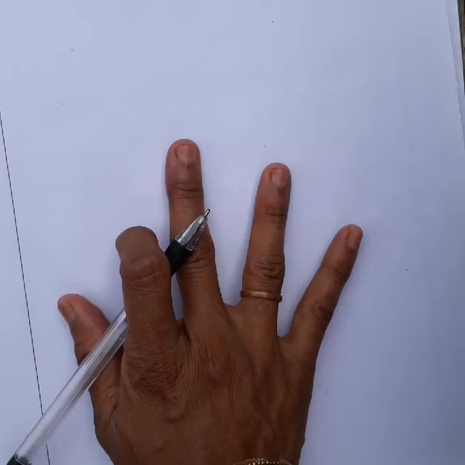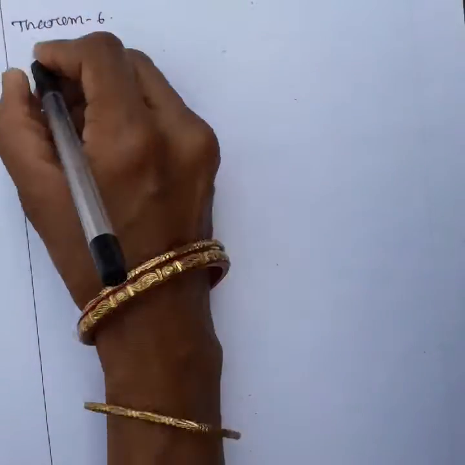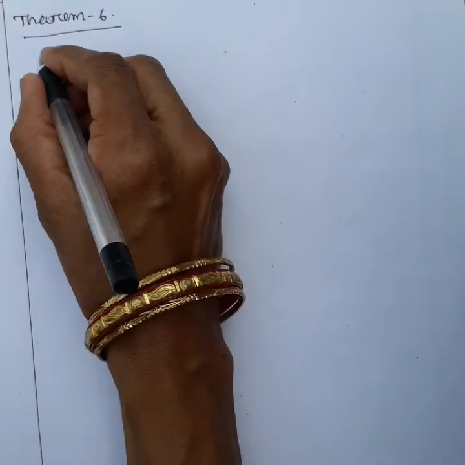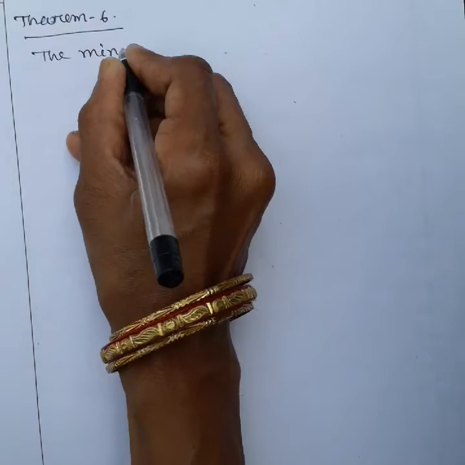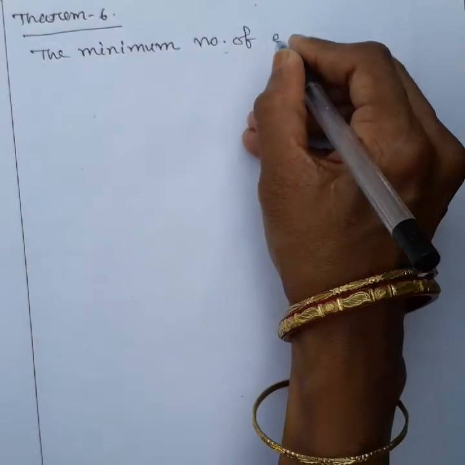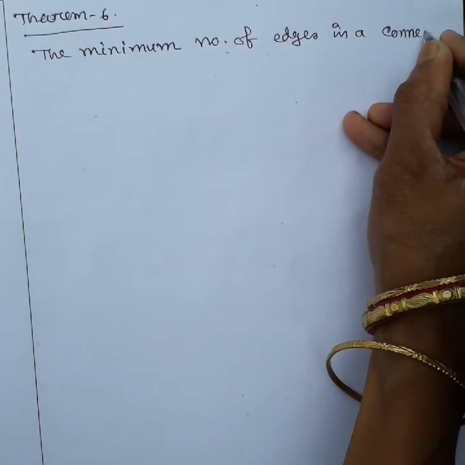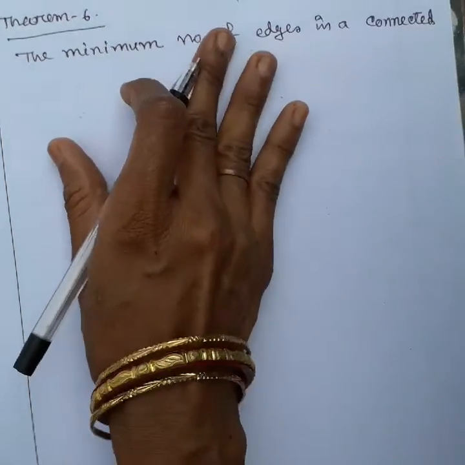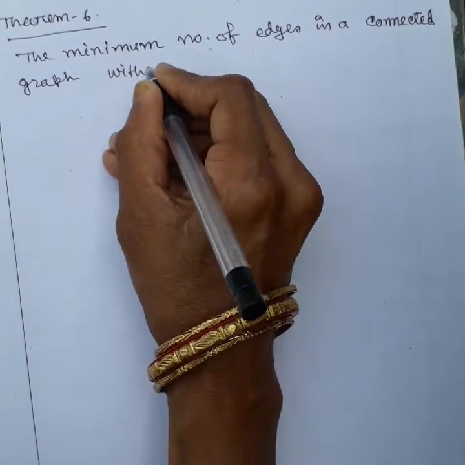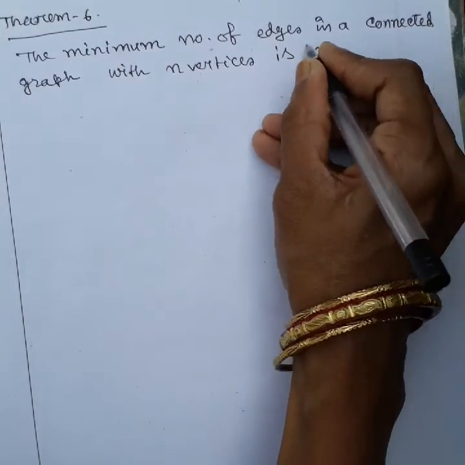So next is theorem 6. The minimum number of edges in a connected graph with n vertices is n minus 1.